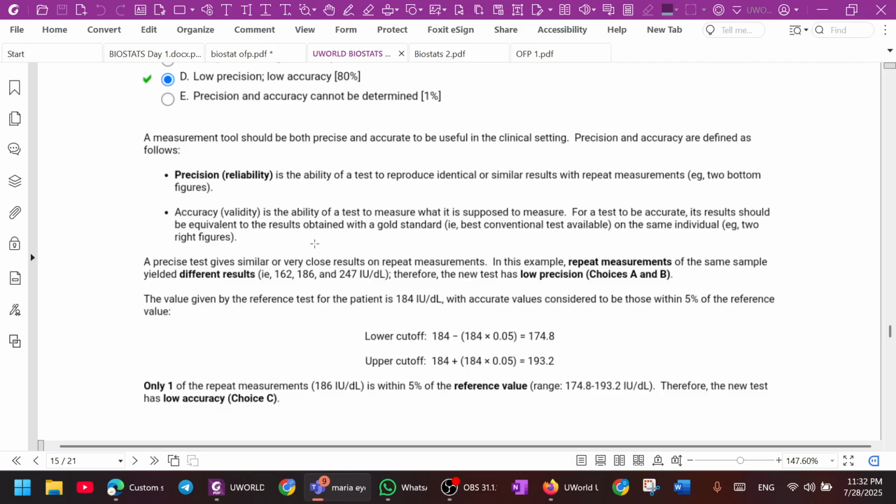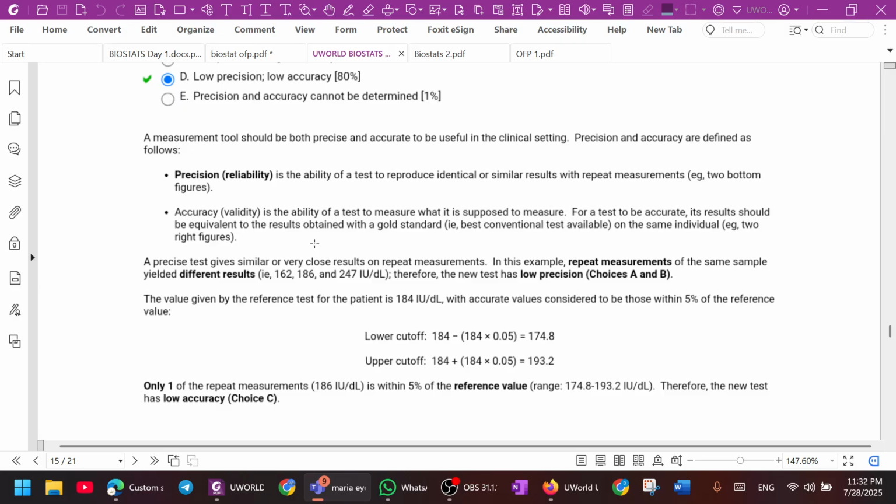A precise test gives similar or very close results on repeat measurements. In this example, repeat measurements of the same sample yielded different results: 162, 186, 147. Therefore, the new test has low precision. The value given by the reference test for the patient is 184, with accurate values considered to be those within 5% of the reference value.